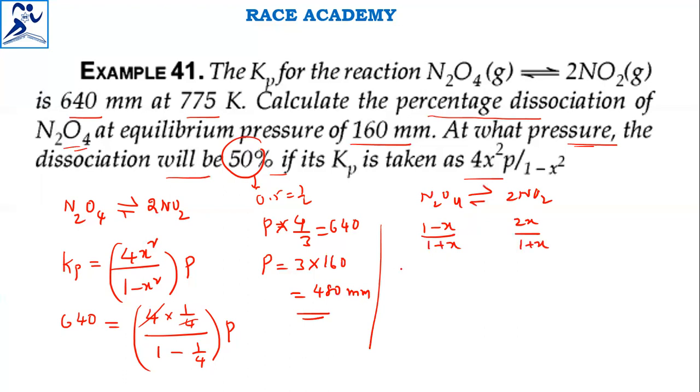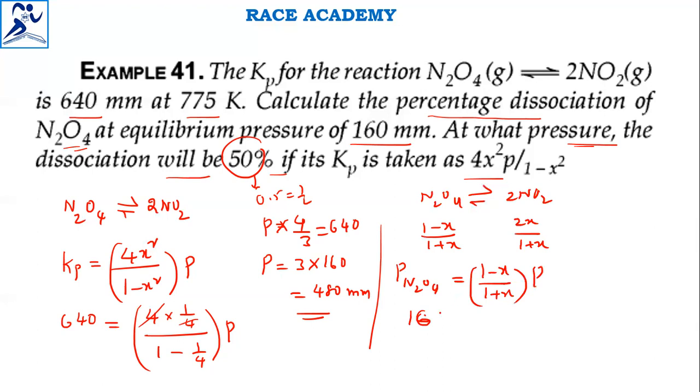What is the equilibrium pressure? The equilibrium pressure of N2O4 is nothing but the mole fraction into total pressure. So it is (1 minus x) by (1 plus x) into total pressure. The partial pressure of N2O4 given is 160.